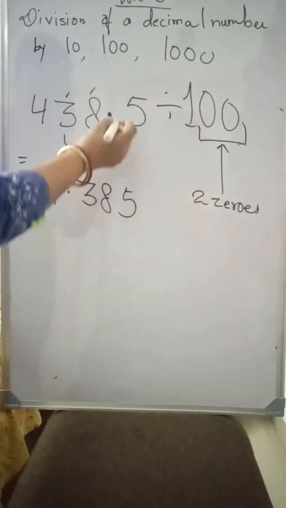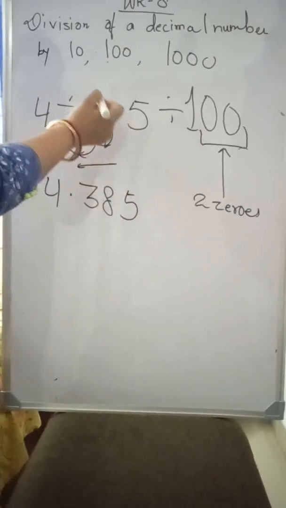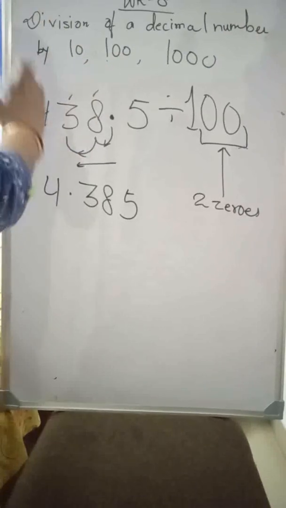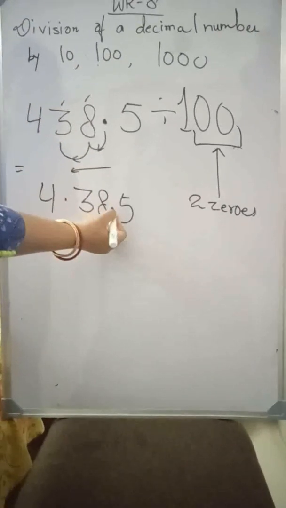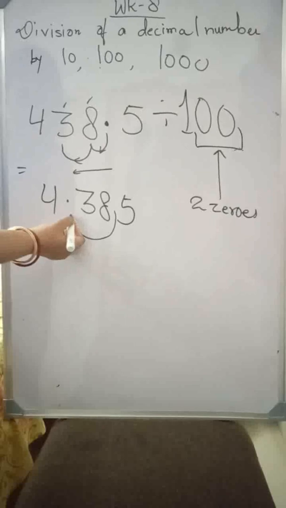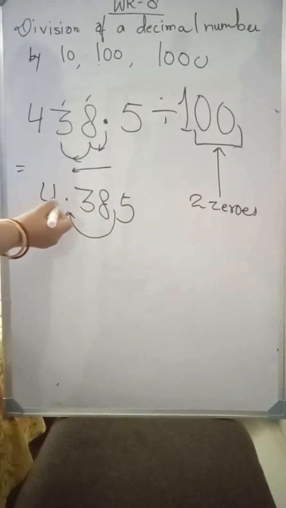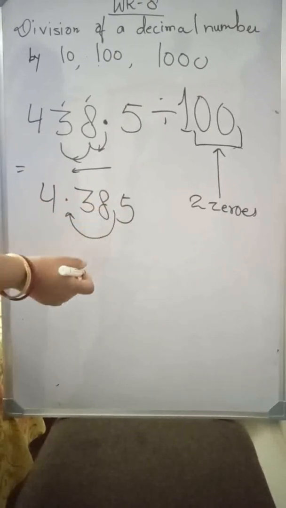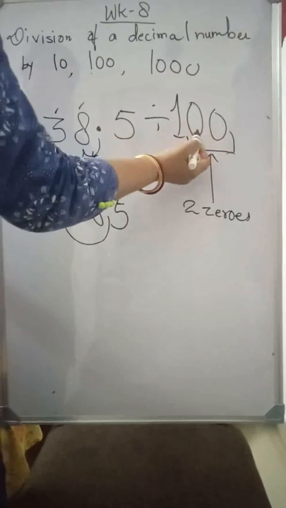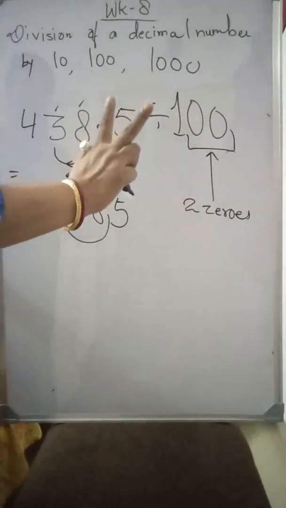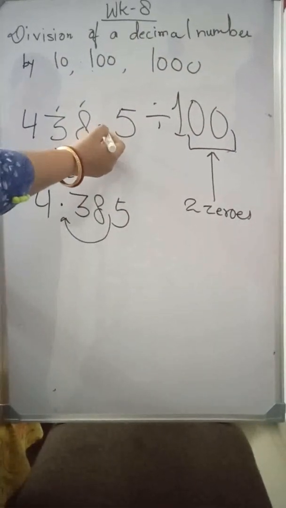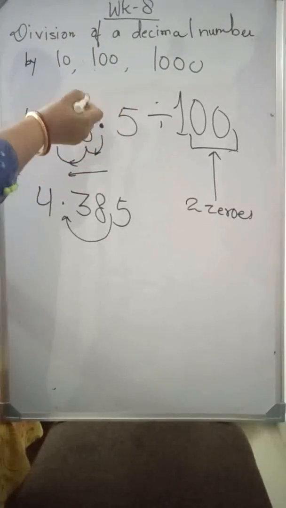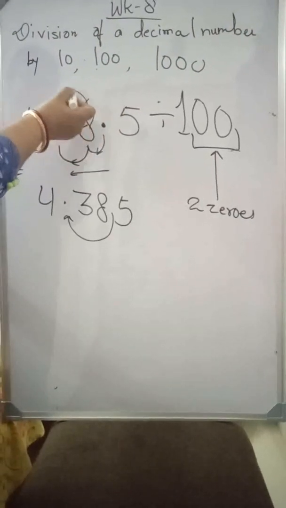4.385. Here this decimal point shifts two places to the left of the number. So from this place it comes over this. So the answer is 4.385. Okay. Here in the divisor the number of zeros is 2. So this decimal point will shift two places. 1 and 2.